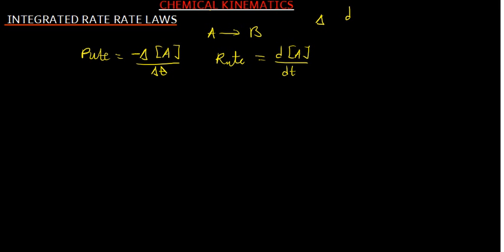Now, an equation that expresses the concentration of a reactant as a function of time is what we call an integrated rate law. So we looked at a differential rate law, which tells us our rate relates to concentration. Now, an equation which expresses the concentration with time is what is called an integrated rate law.